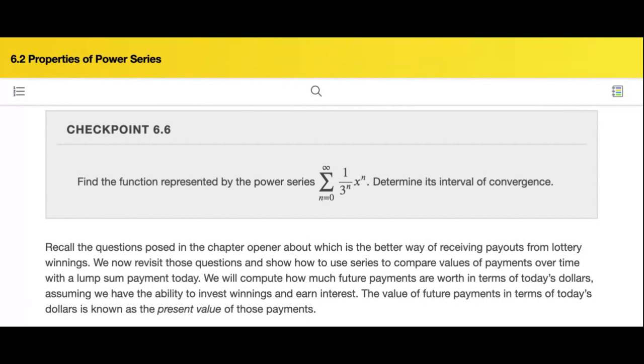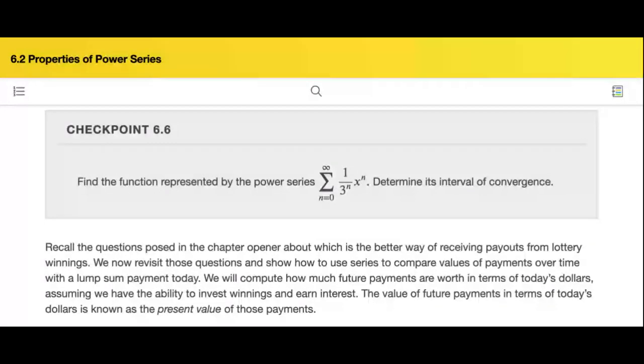Yes, I agree with you. The function is 3 over 3 minus x. Because we get 1 over 1 minus x divided by 3, we can multiply by 3 for everyone, right? The interval of convergence is -3 to 3.